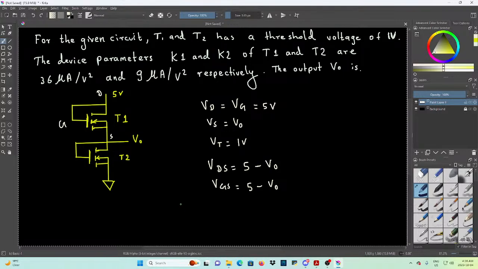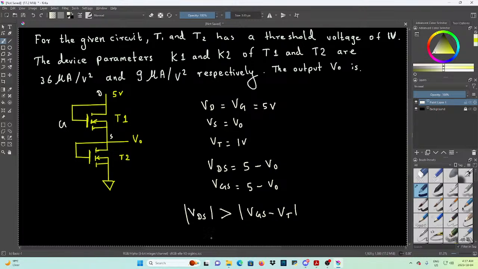If you look carefully, this VDS absolute value is greater than VGS minus VT. How is it? You can see VDS and VGS are the same value, and for VGS if you subtract VT, that's 5 minus VO minus 1, so this is going to be 4 minus VO, and VDS is 5 minus VO, which is greater than 4 minus VO. So VDS is greater than VGS minus VT.